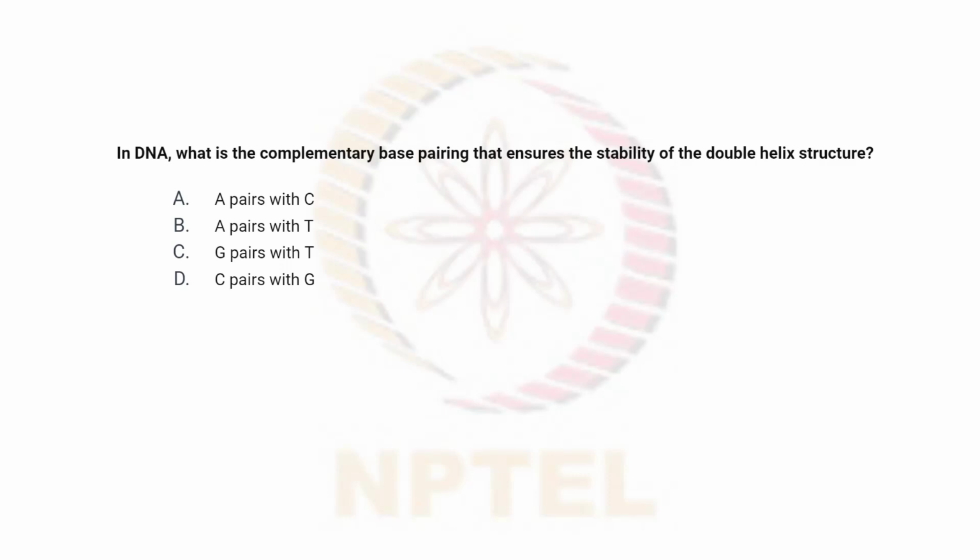There is a twist in this question. So here the complementary base pairing happens between A and T as well as G and C.